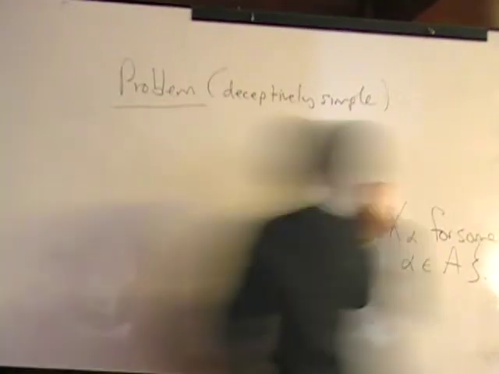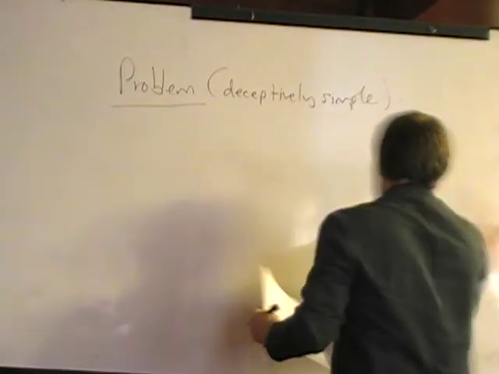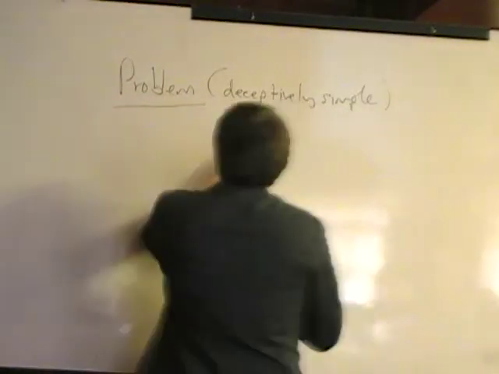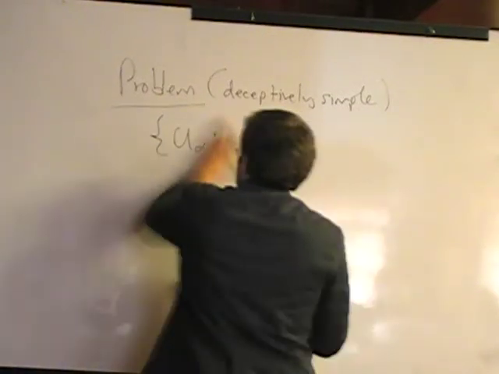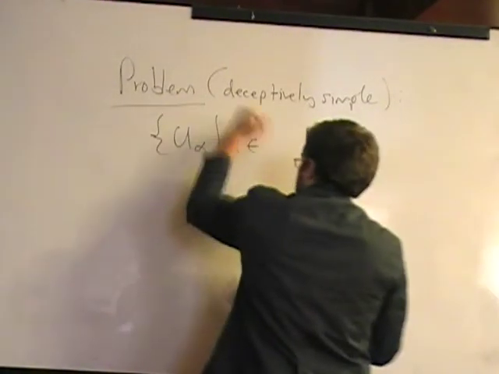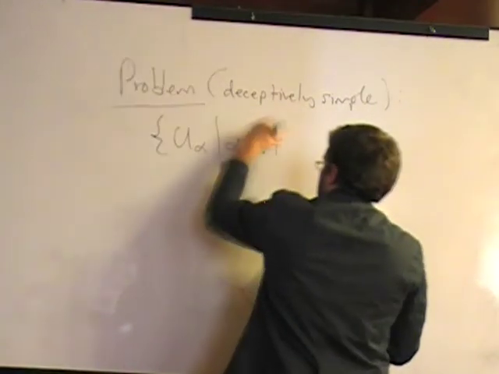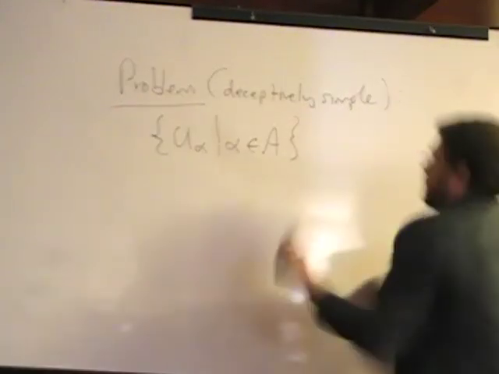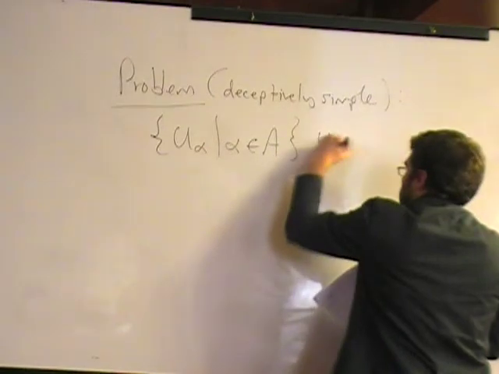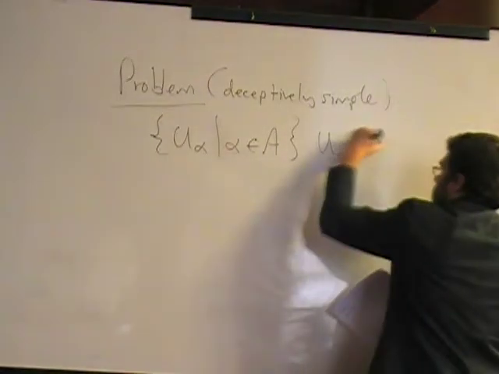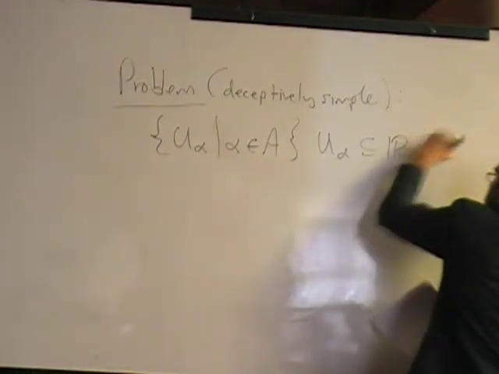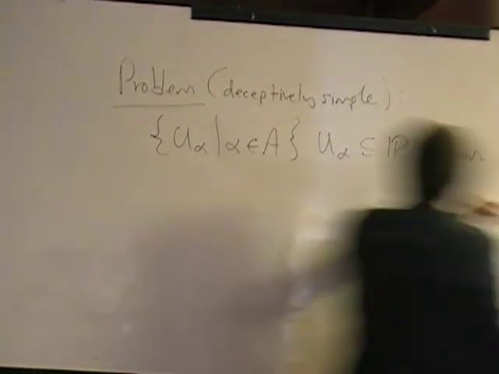And the problem is this. You have a collection of sets where each set U alpha is a subset of R and it's open, this definition that we've been discussing.